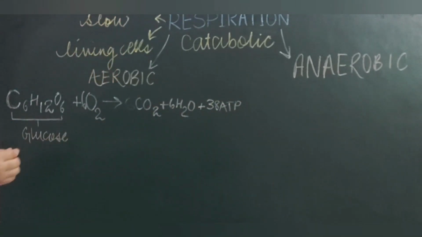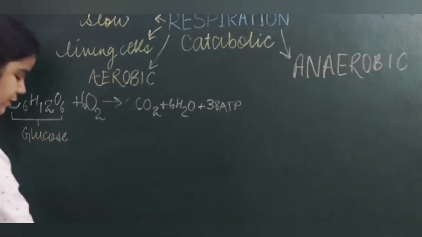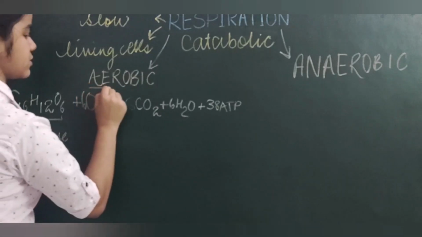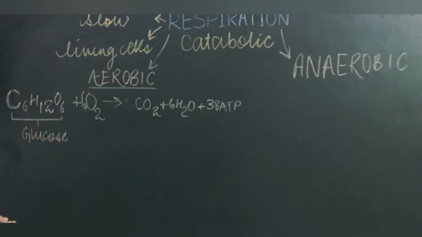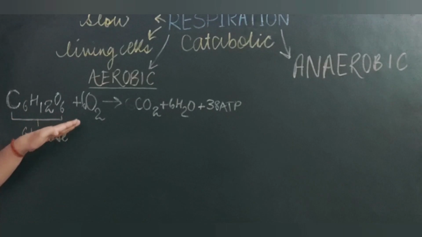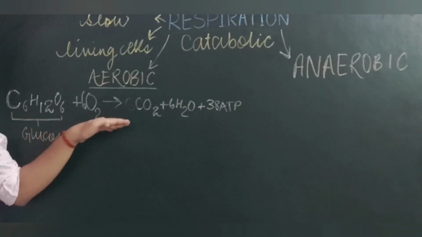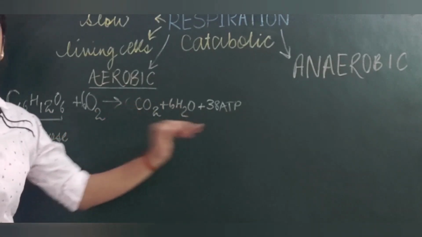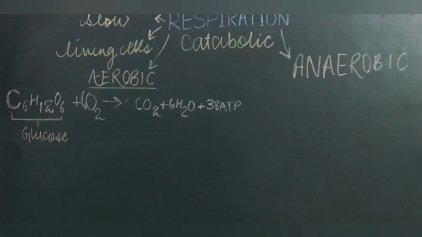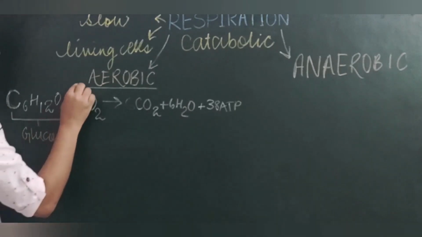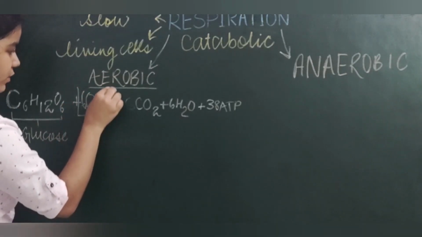And this is the chemical reaction for aerobic respiration. So the breakdown of glucose using oxygen forms carbon dioxide, water and 38 ATP, and this is actually aerobic respiration. What you need to mention in this definition is that it occurs in the presence of oxygen.